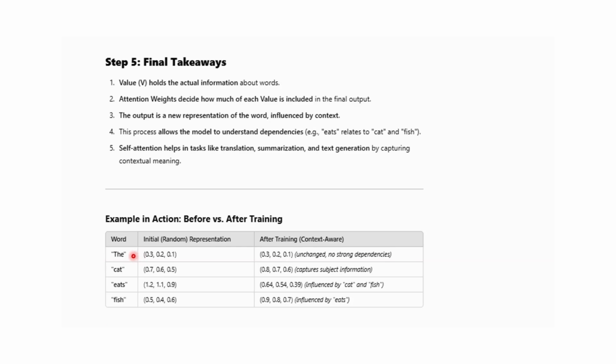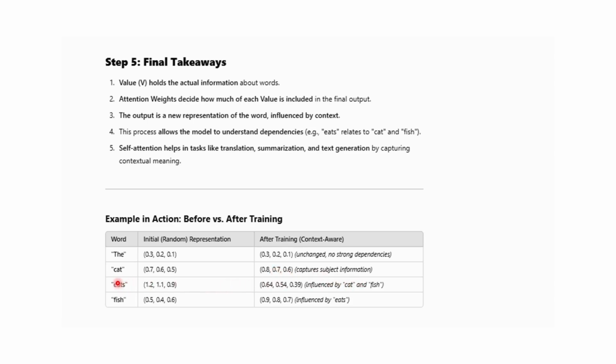But when you look at the word the, most of the numbers have not changed. Why? Because the is not very much attached to the context, so it is not very important. But when you look at the word cat, it has actually changed. That means it is trying to capture the relationship between the other words.